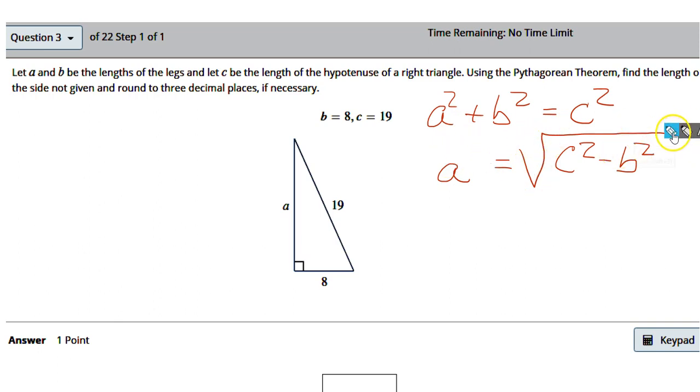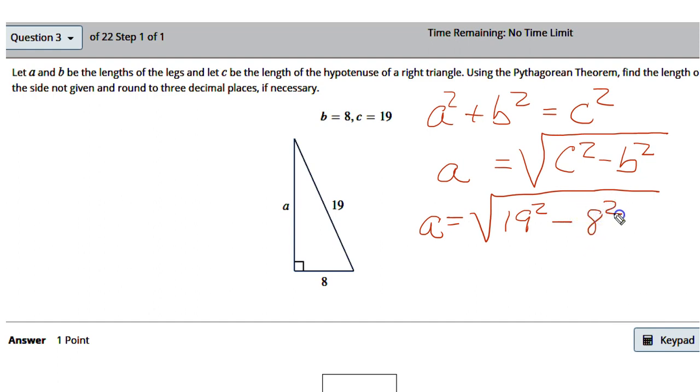So we're just going to fill this in now. A will equal the square root of C, which is 19 squared, minus 8 squared, and you're going to put that in your calculator and then take the square root of it. That's what A will be. And that's what I will do right now.